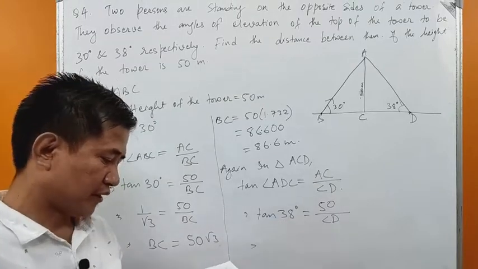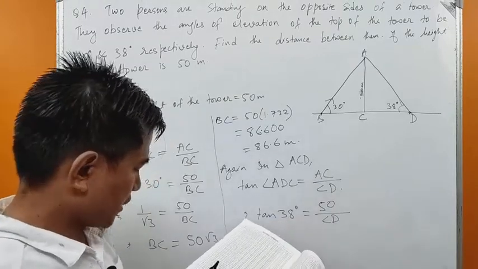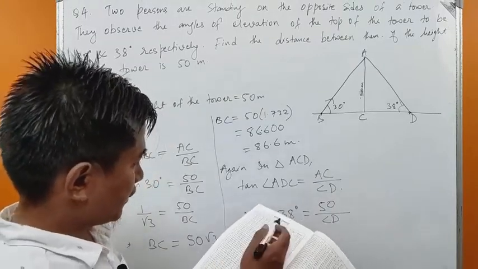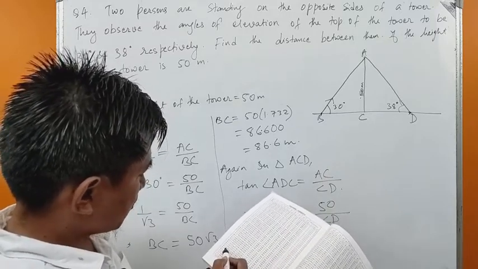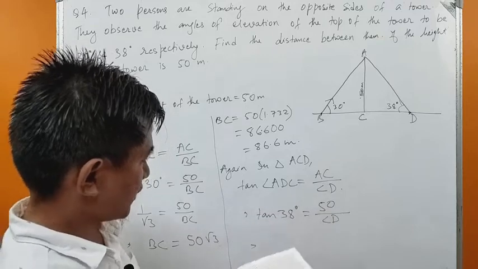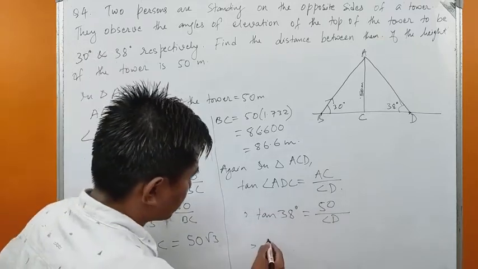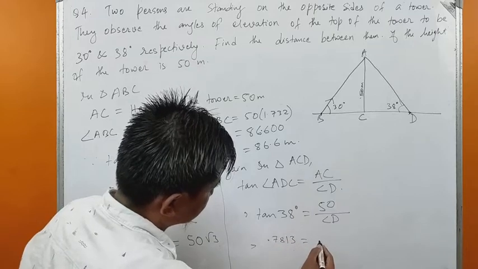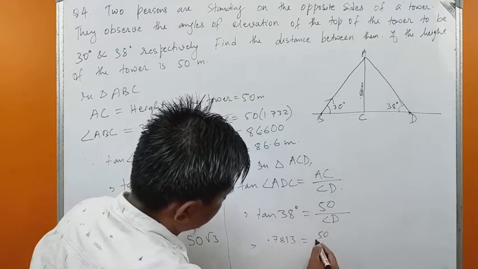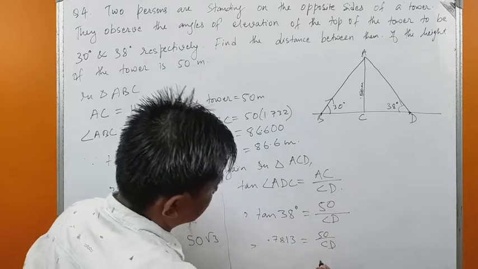You can find the value of tan 38 from page number 454, natural tangents. Tan 38 is 0.7813, so 0.7813 equals 50 upon CD.